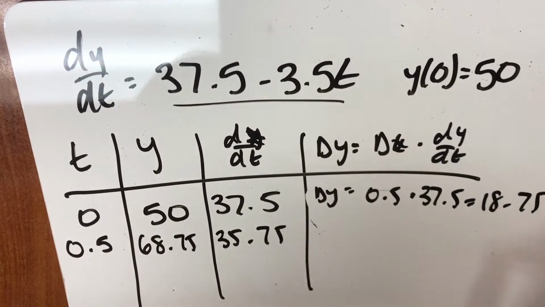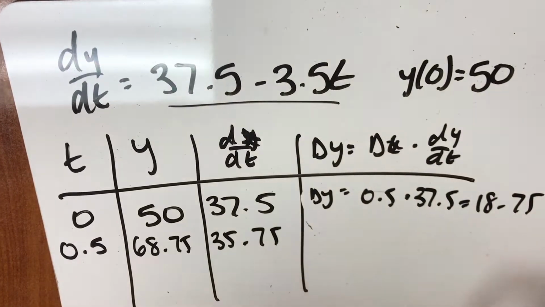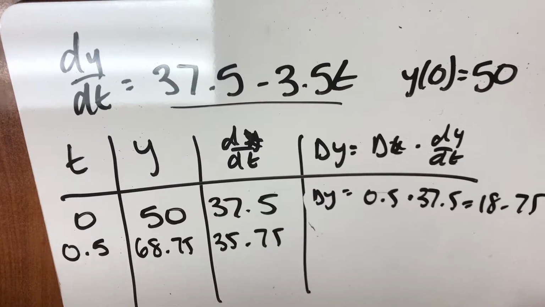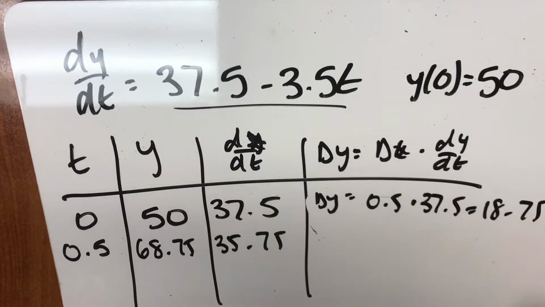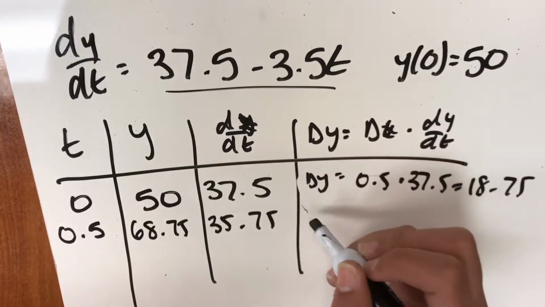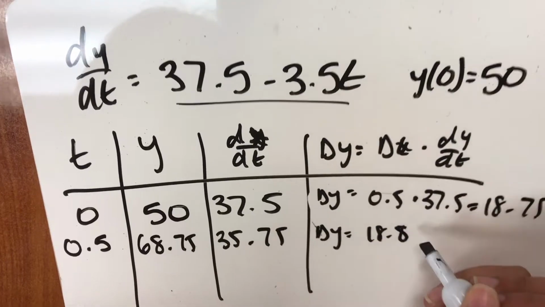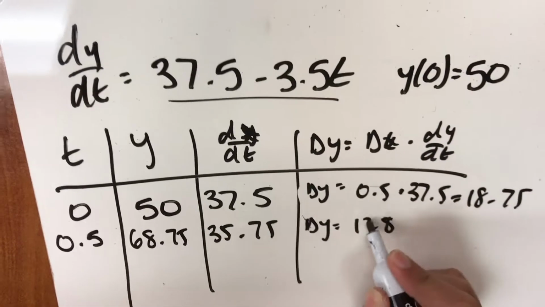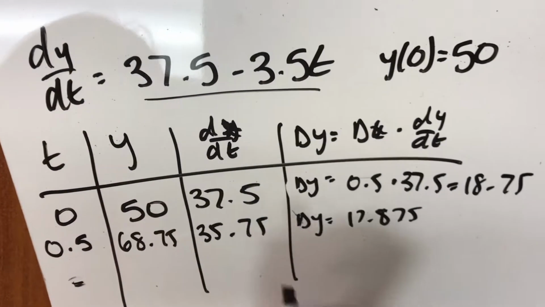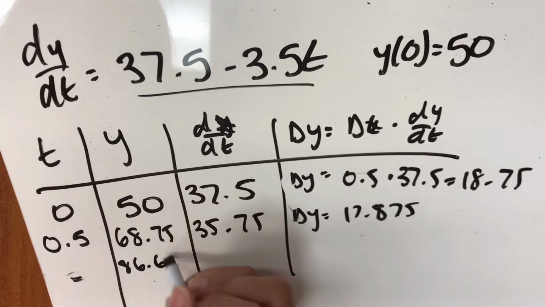Okay, that makes sense, but when will we stop doing this process? The Kool-Aid packet tells us to find the Kool-Aid concentration after 1.5 minutes, so we will continue until t is 1.5. Can you finish the rest of the table? I think so. So the delta y would be 17.875, and then in the next row, t would be 1, and y would be 86.625.